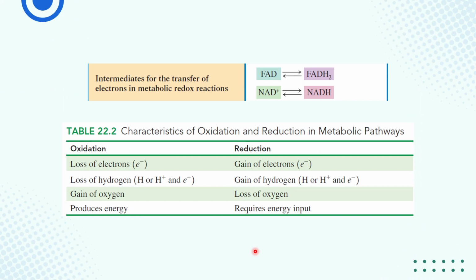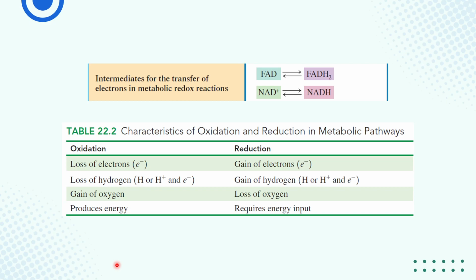So how about our second classification? What involves in the redox reaction of your different enzymatic reaction would be your FAD and your NAD. So again, FAD stands for your flavine adenine dinucleotide, while NAD stands for your nicotinamide adenine dinucleotide. So in this table, this is just to explain once again what happens during redox reaction when there is oxidation and when there is reduction.